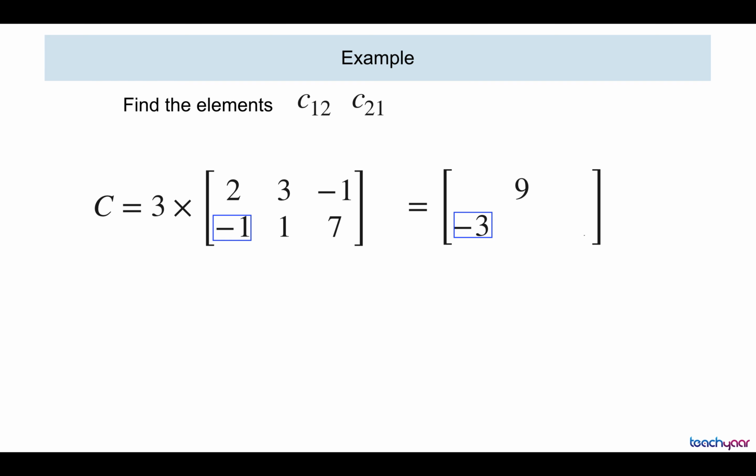Why don't you pause this video and try this for all the other numbers. So try and find out C11, C13, C22 and C23. Okay, hopefully you've done that. So that's the answer. 3 into 2 is 6, 3 into 3 is 9, 3 into minus 1 is minus 3, and then you have here 3 into minus 1 is minus 3, 3 into 1 is 3, and 3 into 7 is 21.